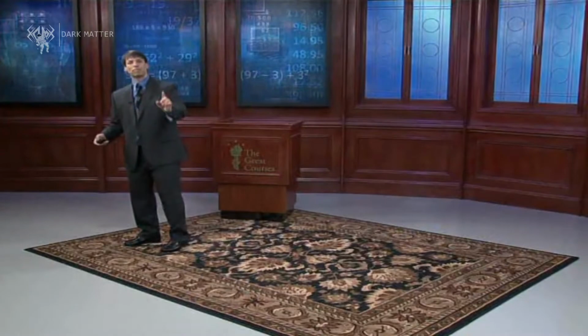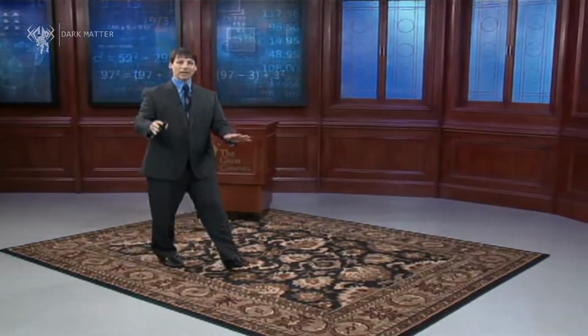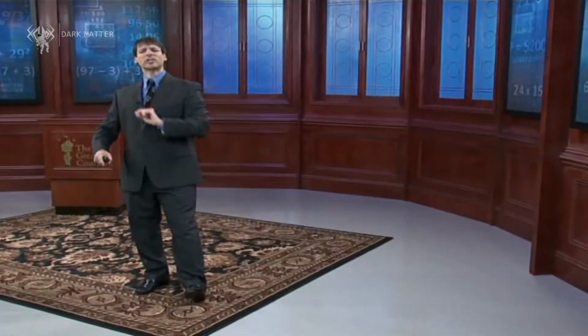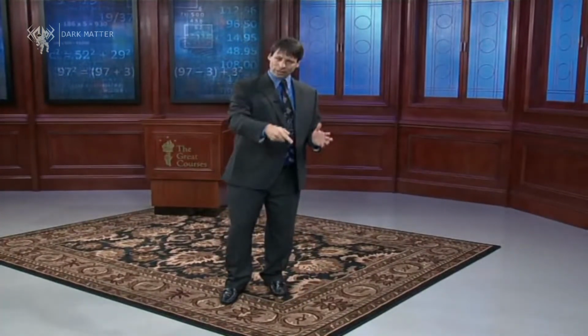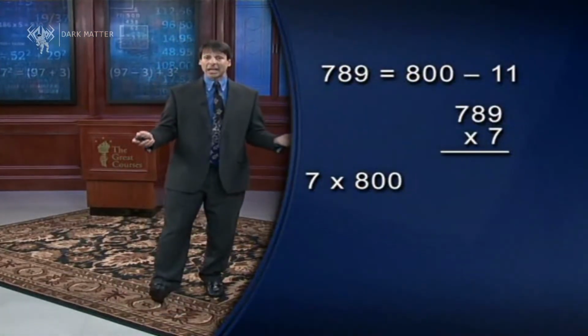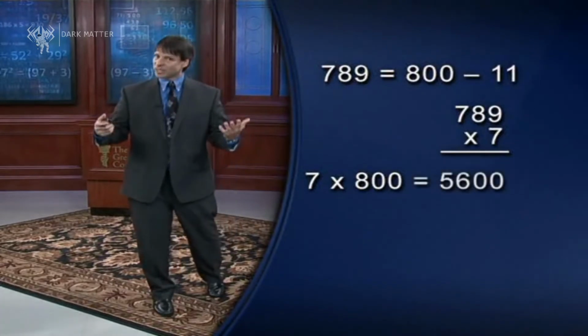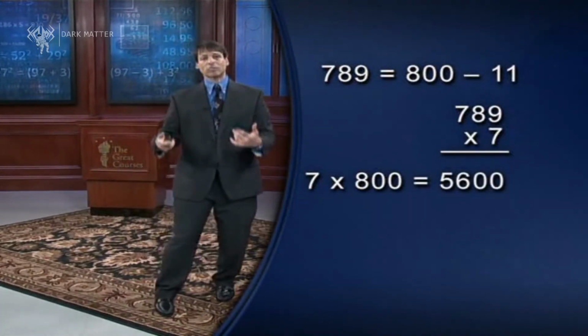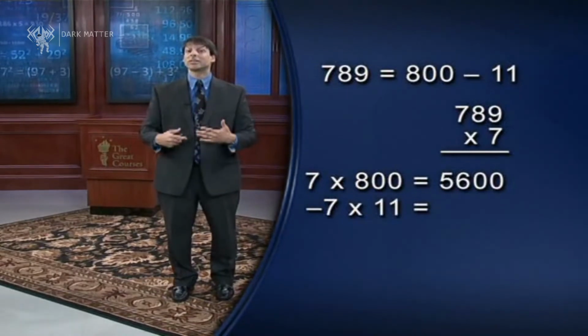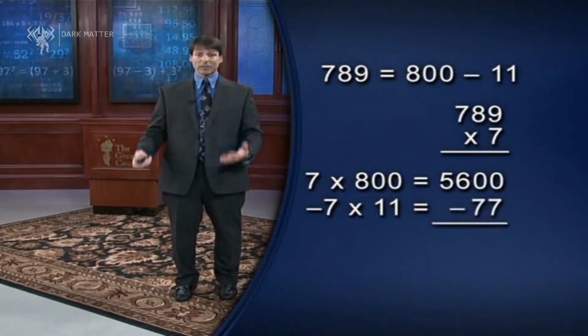But there was another way of doing that last problem, 789 times 7, that you might find easier. Notice that 789 is 800 minus 11. Because of that, we could do this problem as 7 times 800 minus 7 times 11. 7 times 800 is 5,600. And now we have to subtract 7 times 11. 7 times 11 is 77.